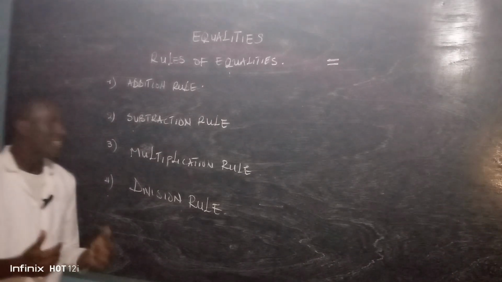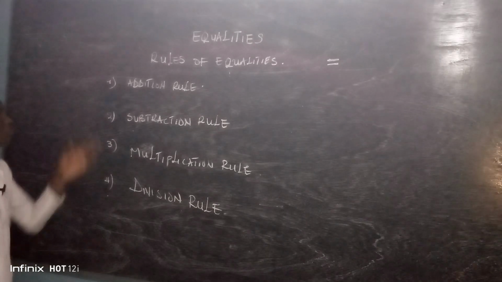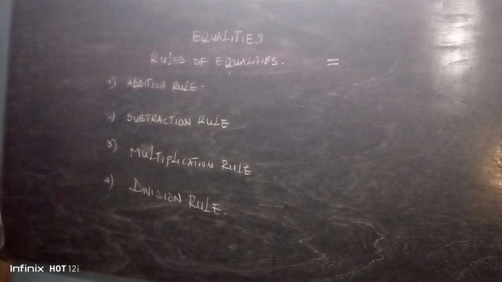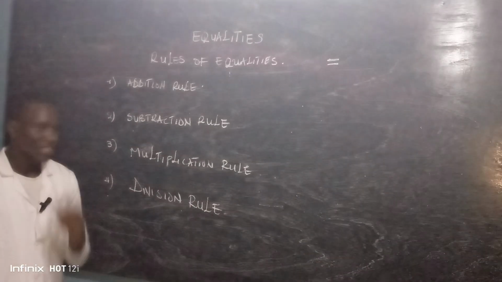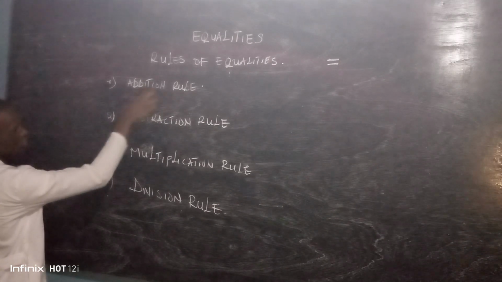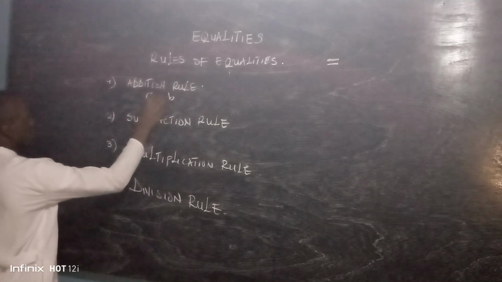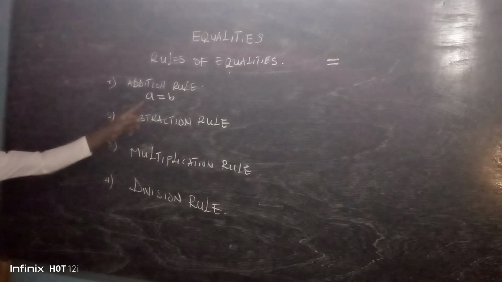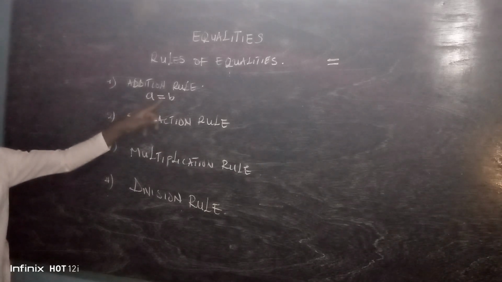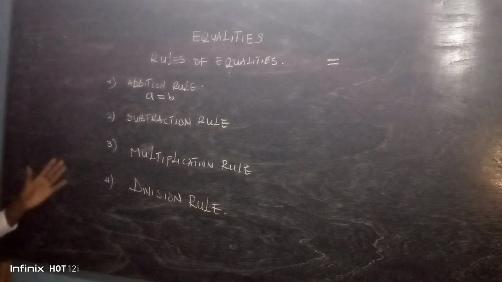The addition rule is saying that whenever we have two things being equal, if we add the same quantity on both sides of the equality or equation, it remains unchanged. Let's say A equals B. If I add the same quantity on both sides, it does not change the mathematical statement.